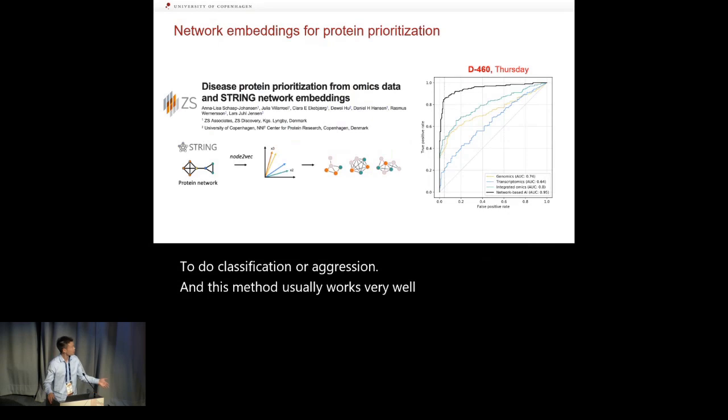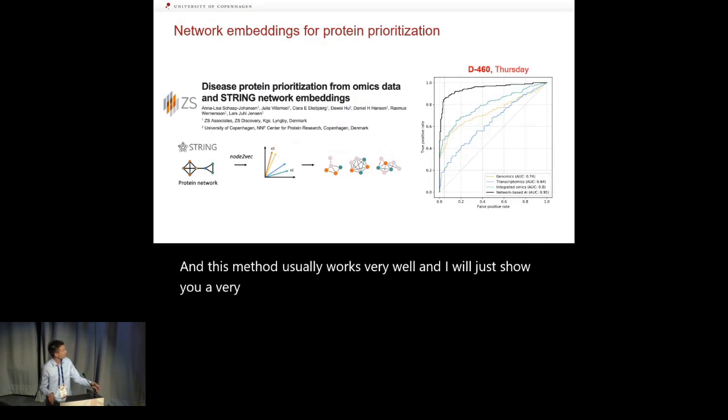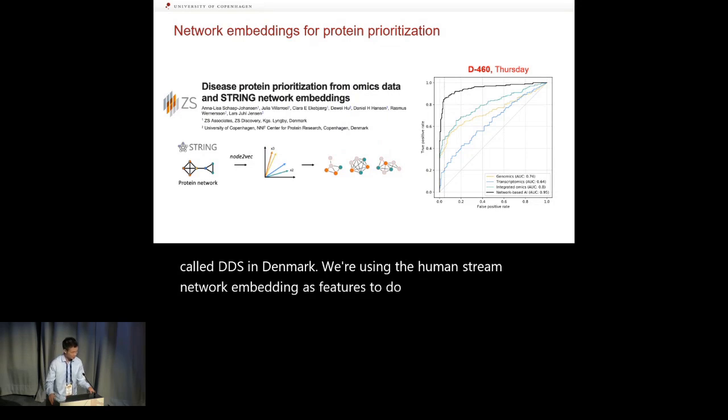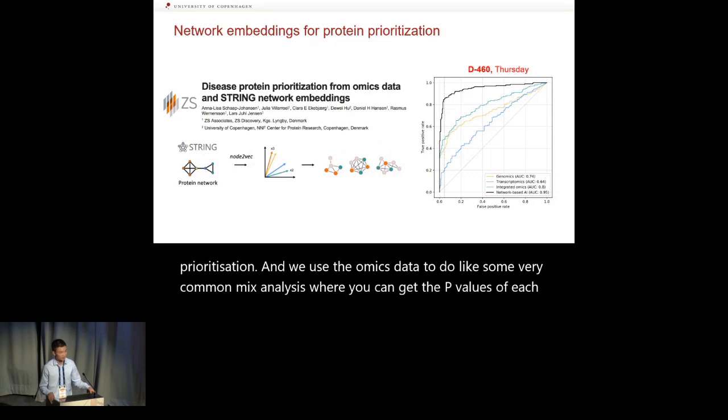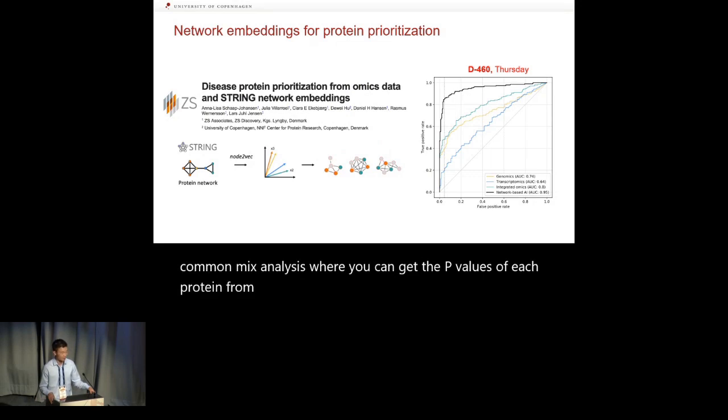I will just show you a very simple example that I'm doing with a company called DDS in Denmark. We're using the human STRING network embedding as features to do disease protein prioritization. We use omics data to do some very common omics analysis, where you can get the p-values of each protein from the human proteome.